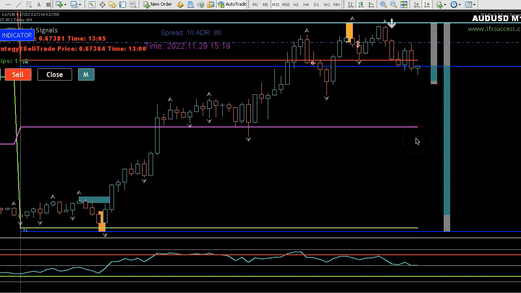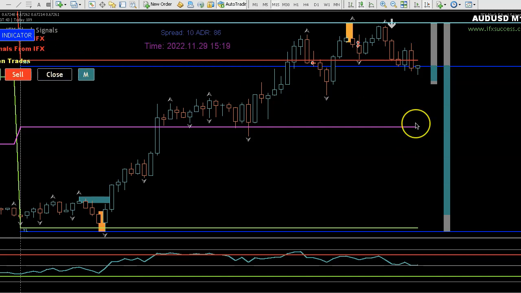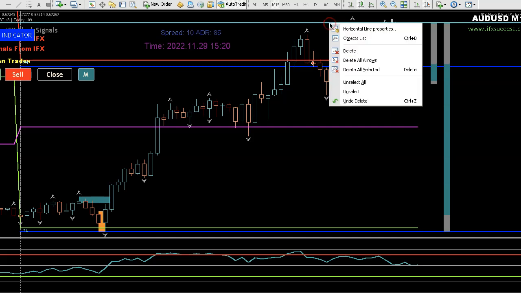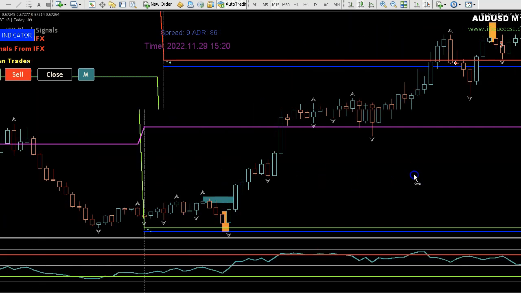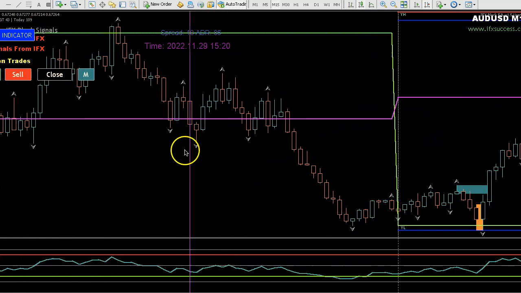You want a body of a candle to actually close above this line. If it does not do that, I'm going to close it. If it does, then it's going to go into your desired direction, so please don't get out. All right, so that's option number 1, the same thing with the same option.